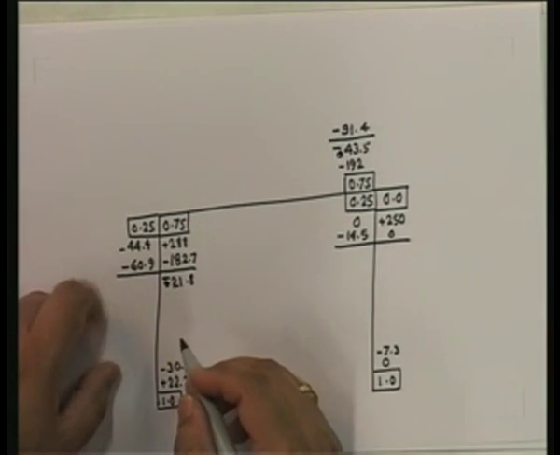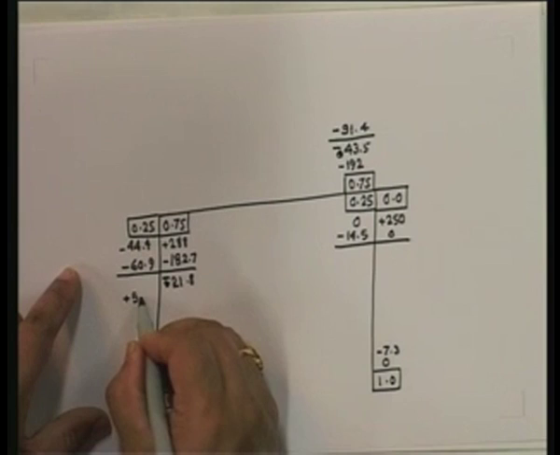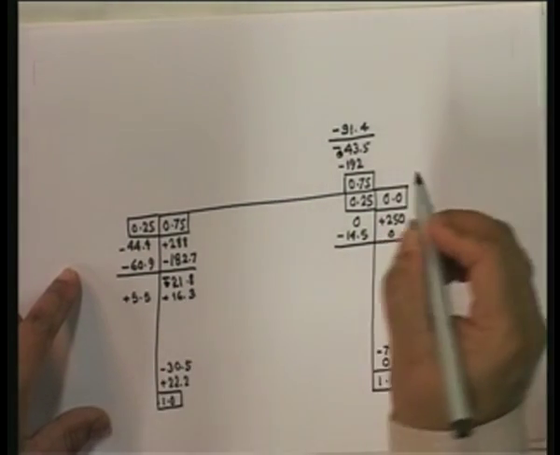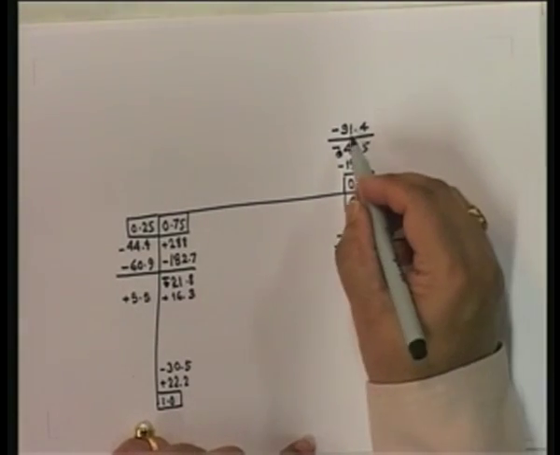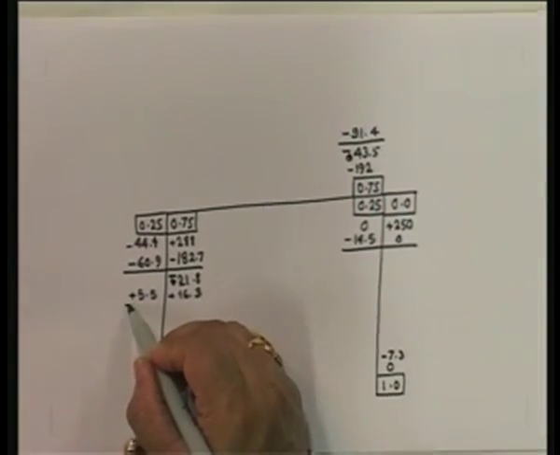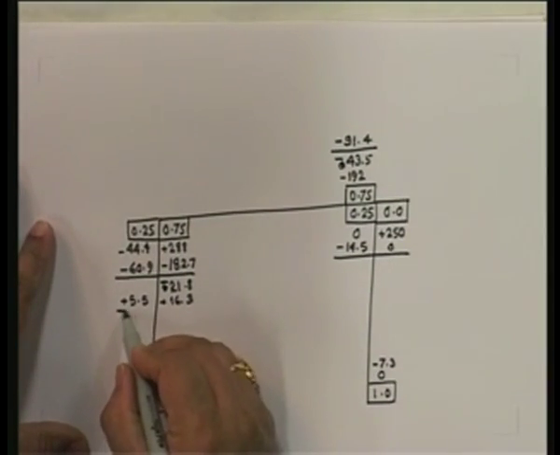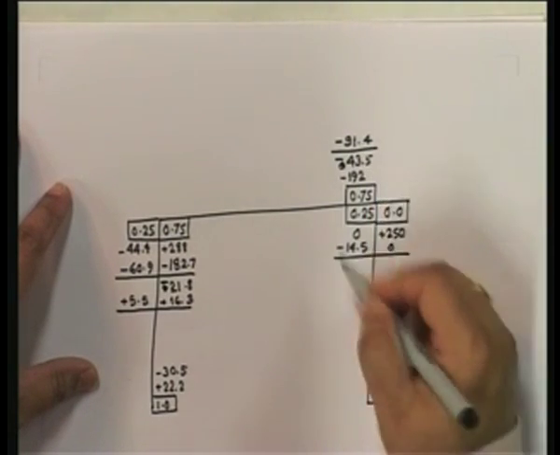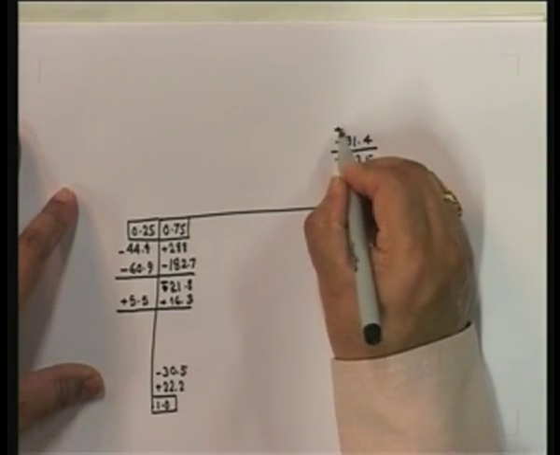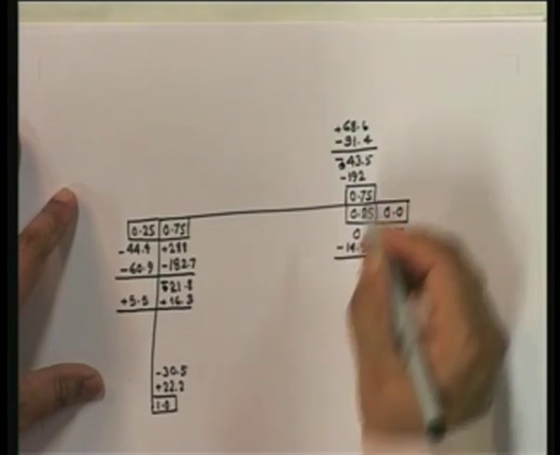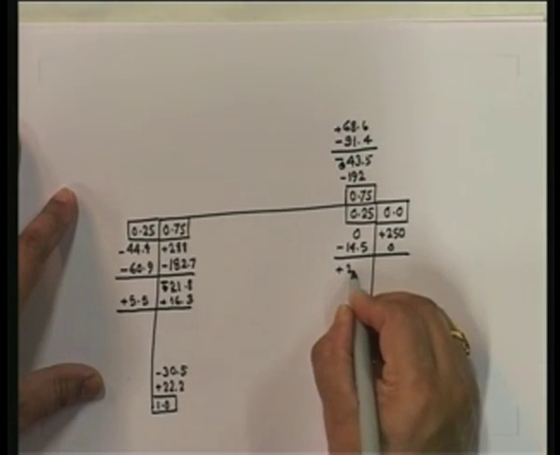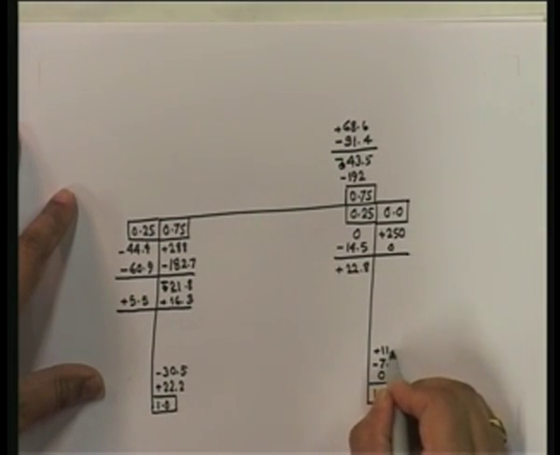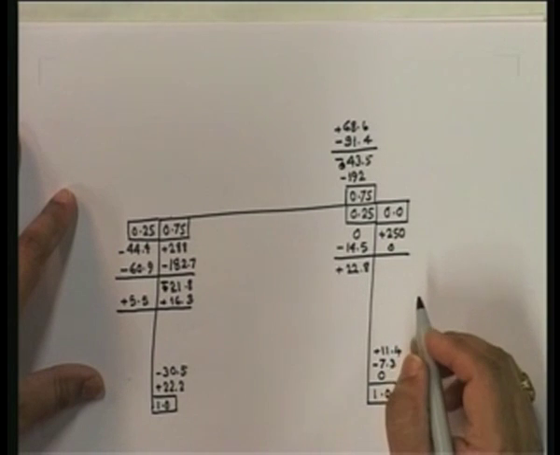Now again we do the distribution, and I'm not going to spend too much time on this. I'm just going to put down the values, and you know what the values are going to be. This is done, so then I do this over here. It's going to be minus 91 distributed, which is going to be plus 68.6 and plus 22.8. So here we'll have plus 11.4.